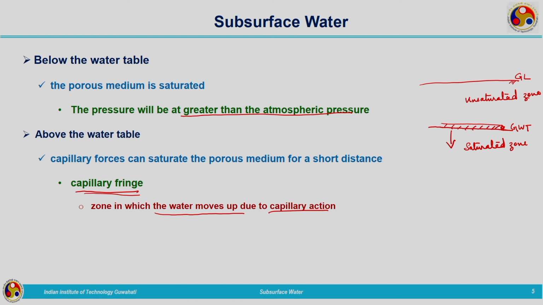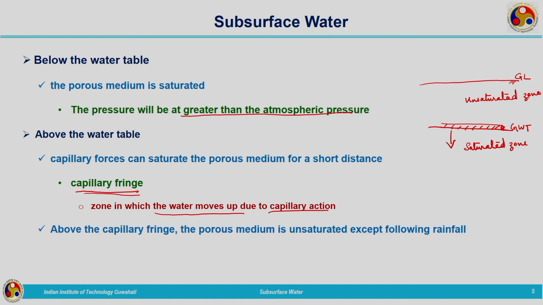This is within the unsaturated zone. From the water table, through the tiny pores which are present in the soil, water is rising up due to capillary action. That region is termed as the capillary fringe, and above the capillary fringe, porous medium is unsaturated.